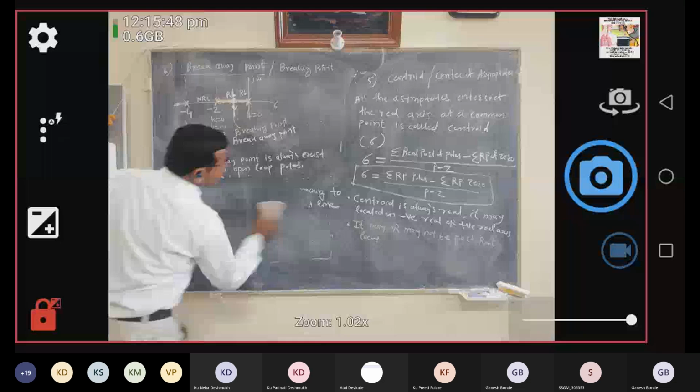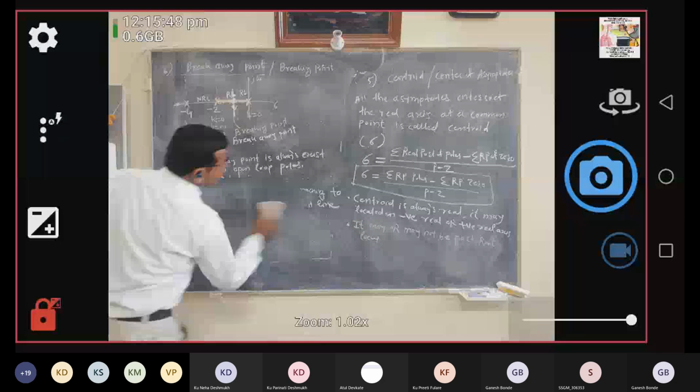Then the next step is the break in point. This point is exactly opposite of the breakaway point. Let me give you an example of the break in point. Where is the existence of this break in point?